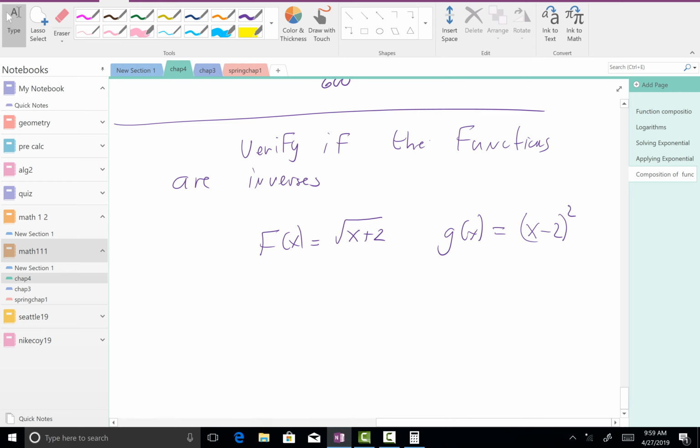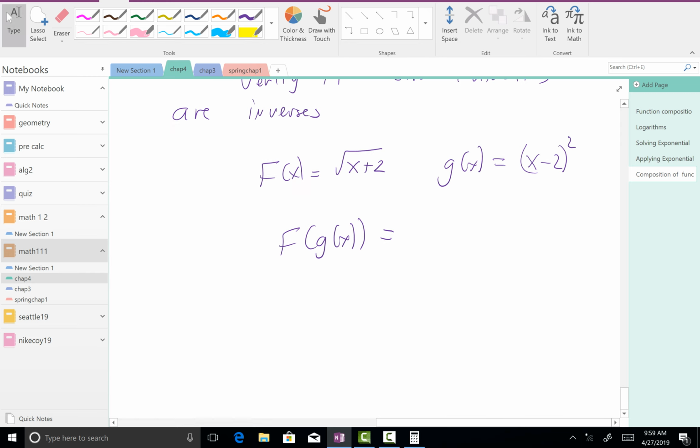But what they want you to do is take and go like this, and go like this, and see what it's equal to. What we're shooting for is that x. So we're going to take this function, put it in there, and see what we get.